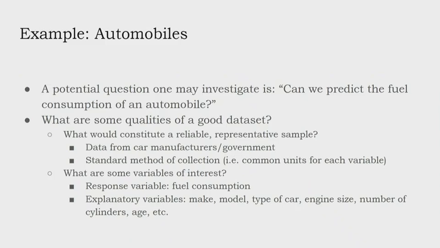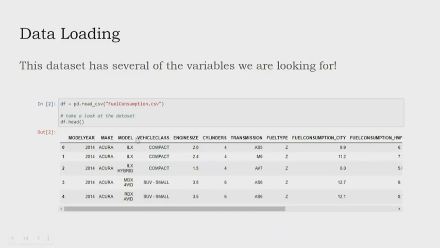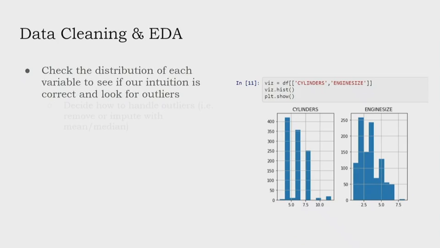Those are some things you'll have to watch out for as well. This is the data that is collected from the Government of Canada. Over here you can see the df.head, which gives us an idea about the data set: the different rows and columns present. For data cleaning, we are generating histograms to see the number of cylinders and the engine size, and we are seeing the distribution of each variable to check whether it matches our intuition.